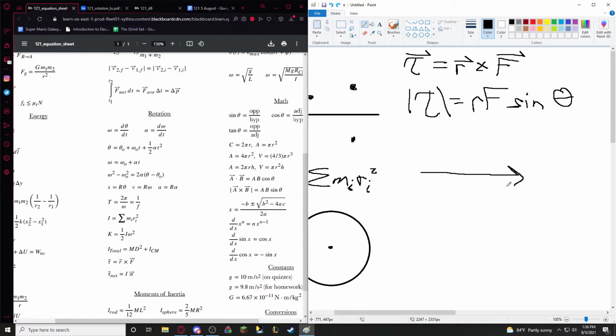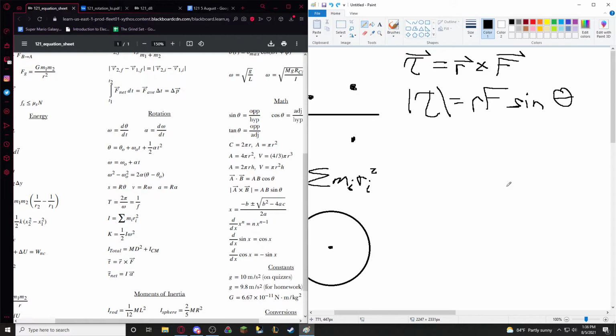Then it would be 0. Exactly. So essentially, the way we find the magnitude of our torque is it's r times f times the sine of the angle between them. So if r and f are perpendicular, they're going to be a maximum, and if they're parallel or anti-parallel, there is no torque.